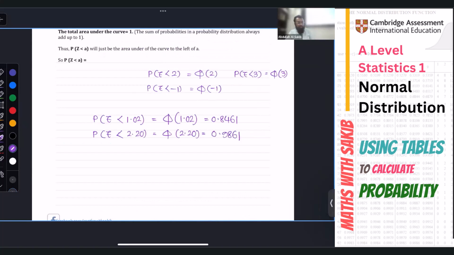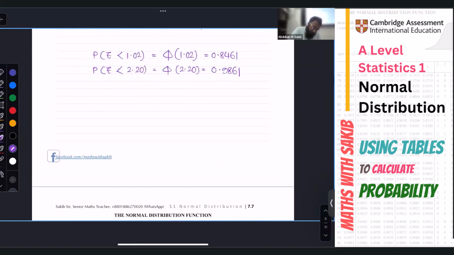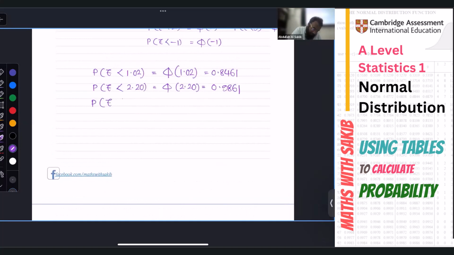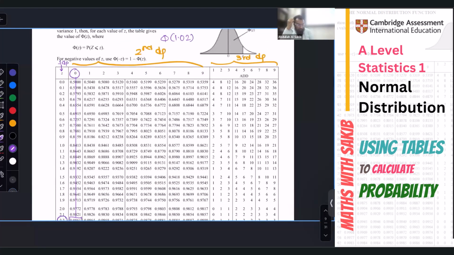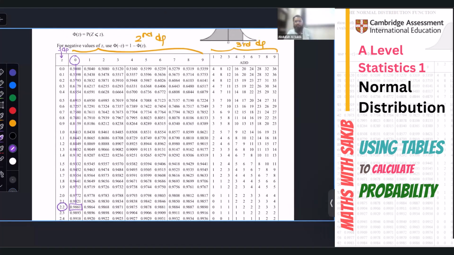Okay, now let's say probability of Z is less than 1.35. That means phi 1.35. So what's the value of phi 1.35? Can anyone tell me using the table? Phi 1.35. 0.9115. Okay. Anyone from online?